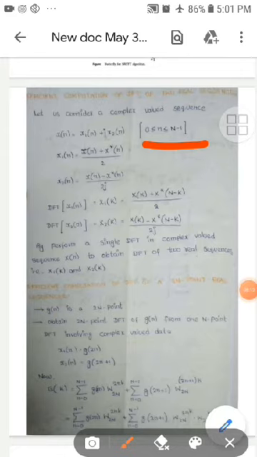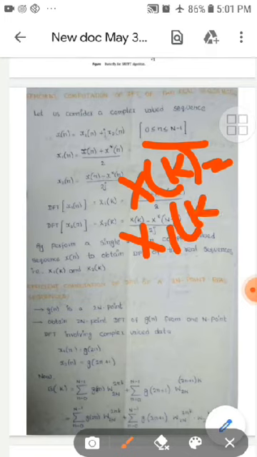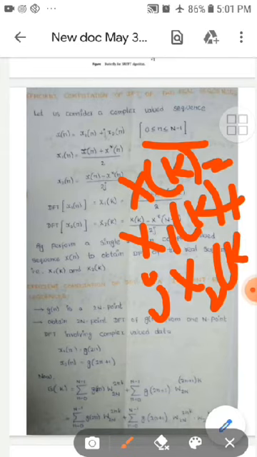The DFT operation is linear, and hence the DFT of x of n can be expressed as capital X of k equals capital X1 of k plus j X2 of k.